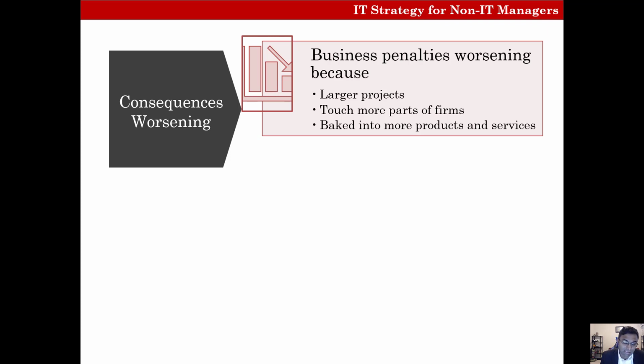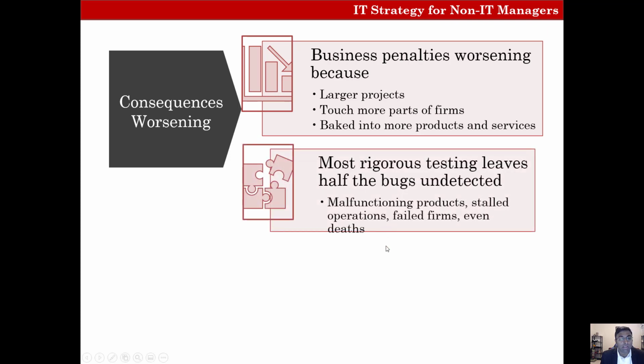The problem with IT projects is that if you're building a large skyscraper, you would have to remove thousands of bricks to make it collapse. Whereas in a large IT system, one bad line of code can crash the entire system. So the most rigorous testing leaves half the bugs undetected.